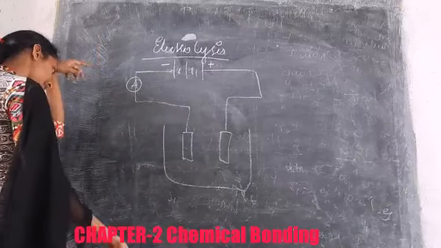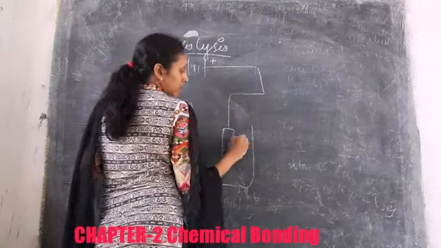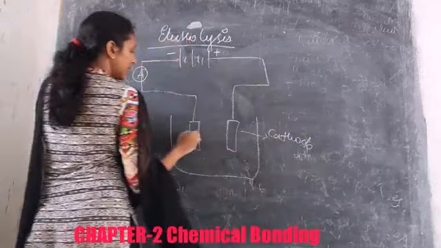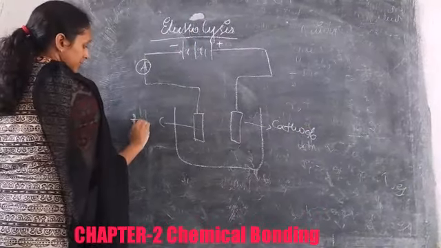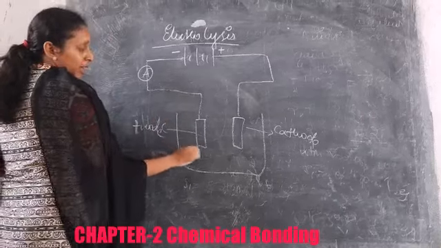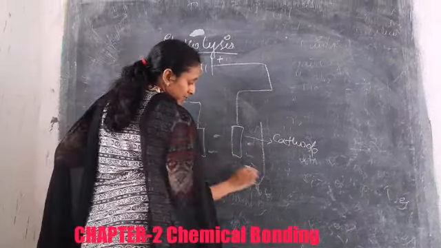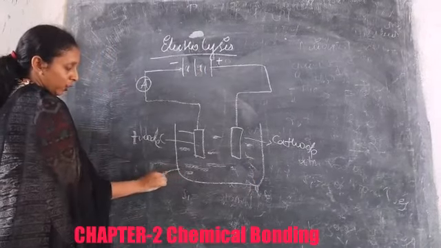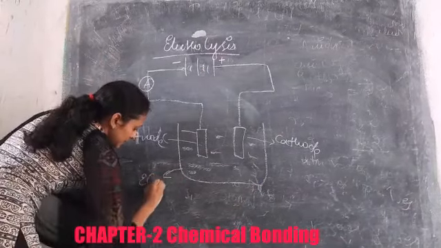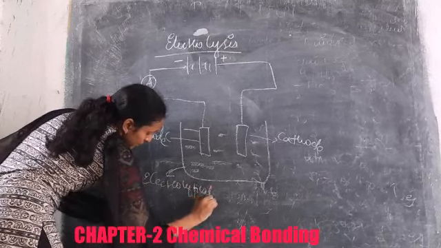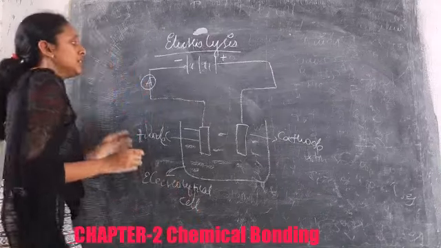So the positive end is always attached to the anode, and the negative end is always attached to the cathode. These are two platinum electrodes and there is an electrolytic solution, and this is the electrolytic cell.